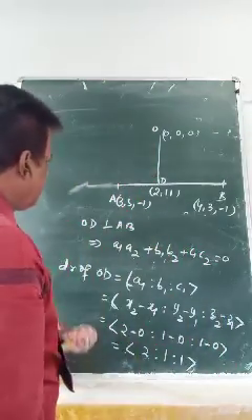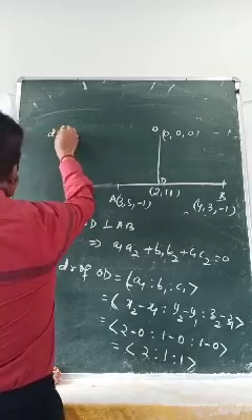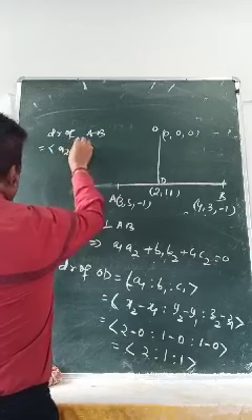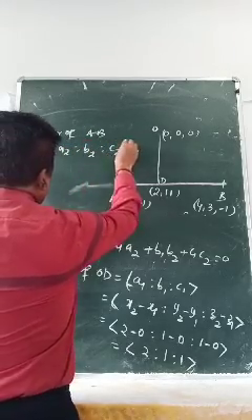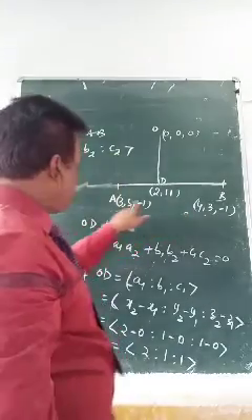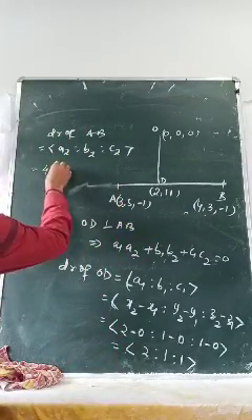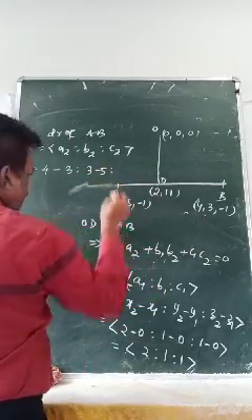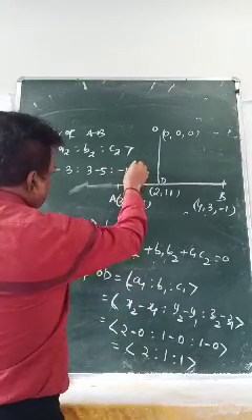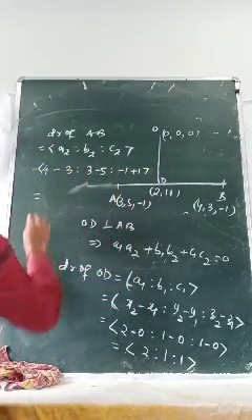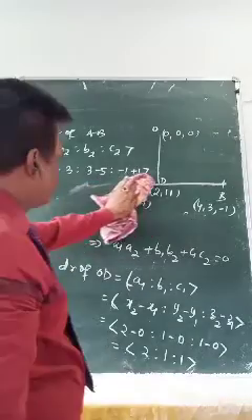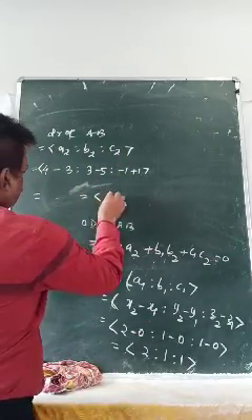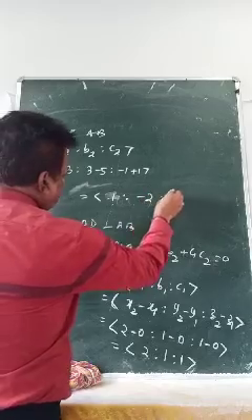Now you get a2, b2, c2, DR of AB line. How to find AB line? 4 minus 3, 3 minus 5, minus 1 minus minus 1, plus 1. That is 1 is to minus 2 is to 0.